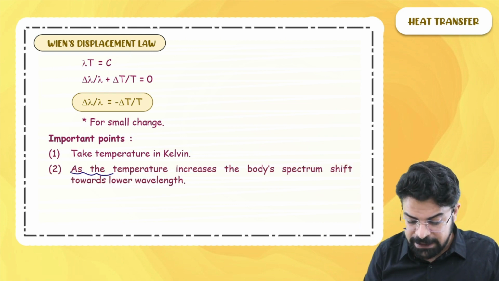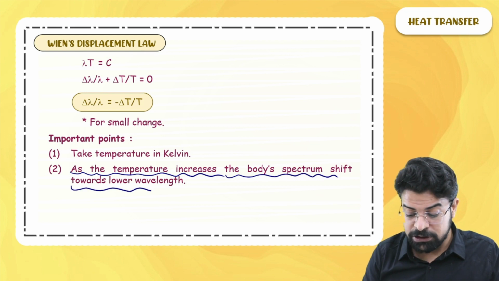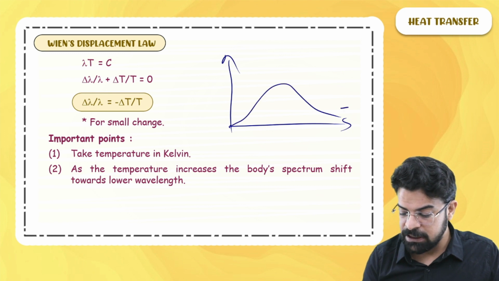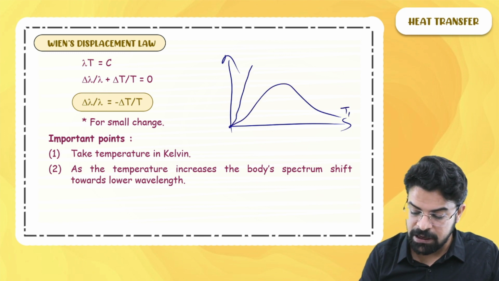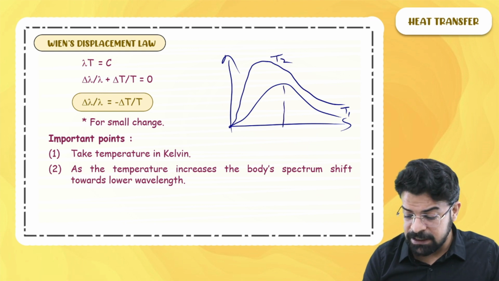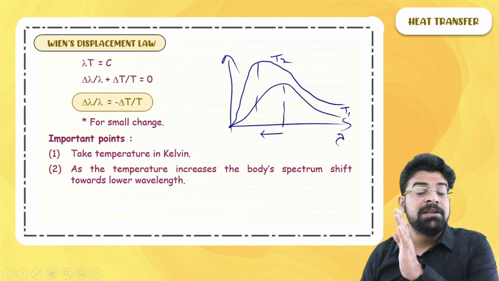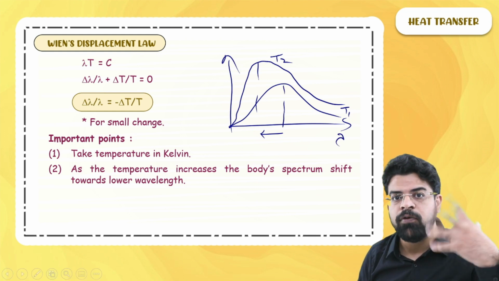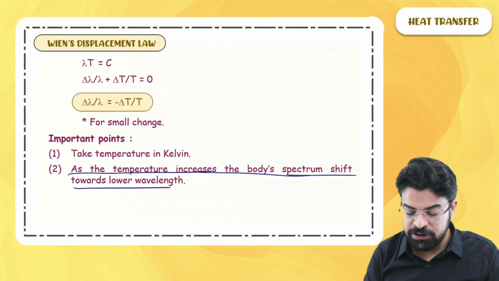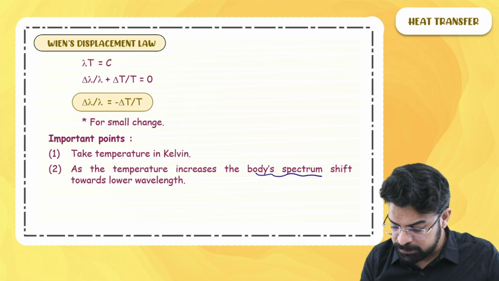Second, as the temperature increases, the body's spectrum shifts towards lower wavelength. I have just shown you this graph. Let's say this is the graph at temperature T1 and this is the graph at temperature T2. As the temperature increases, the wavelength decreases, and the energy of the photons increases. But what is the meaning of shifting of spectrum?